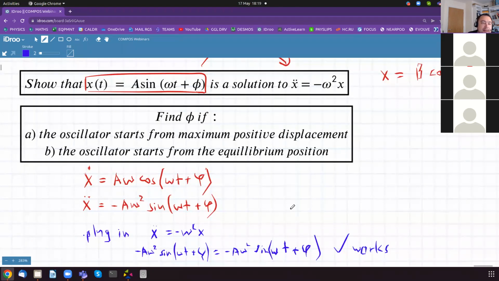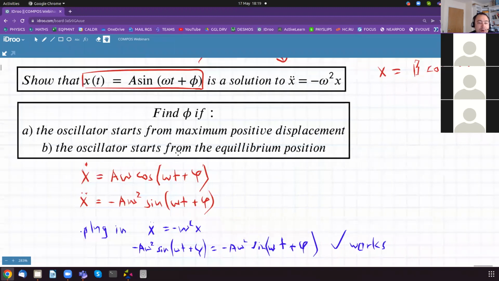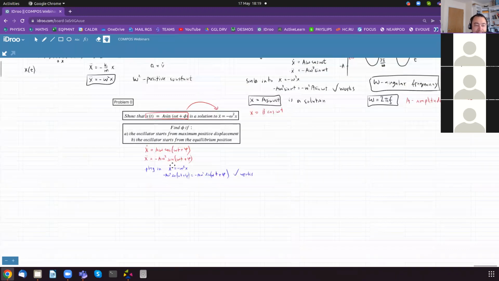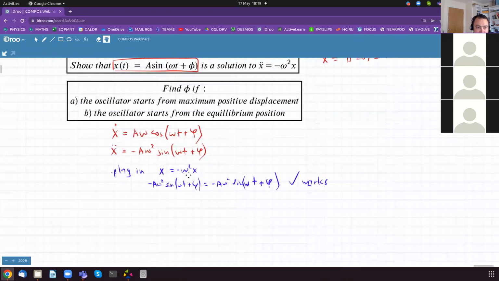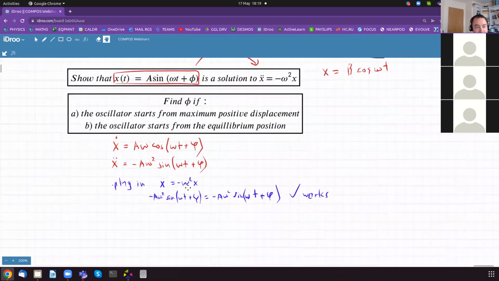Now phi is called the phase of oscillation. It might be a little bit overwhelming at this point, and especially phase is not really discussed in the A-level program, although it is a very important concept. Phase phi determines the initial position, the initial conditions of the oscillator.